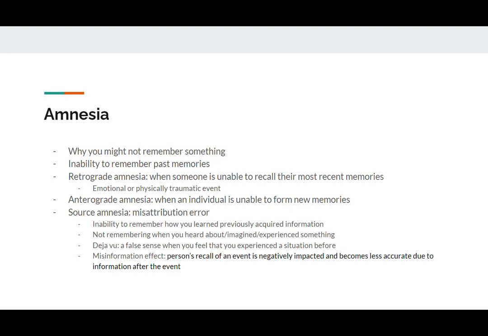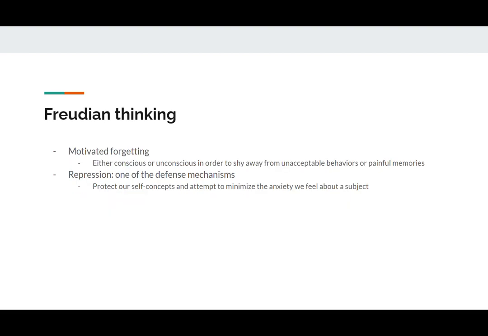After the event occurs, you might incorporate some inaccurate information about what occurred, influencing attitudes and behaviors. This was studied by Elizabeth Loftus and led to therapists leading with the question, what happened? If a therapist were to ask something specific to the situation and assume something, false information might creep into the person's memory. And the last section of this video is Freudian thinking.